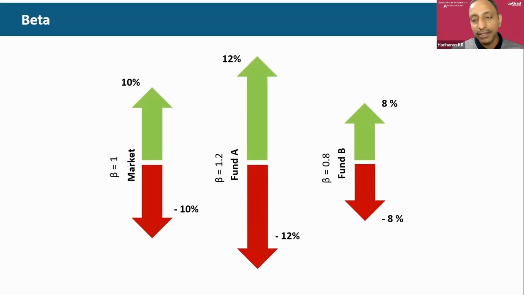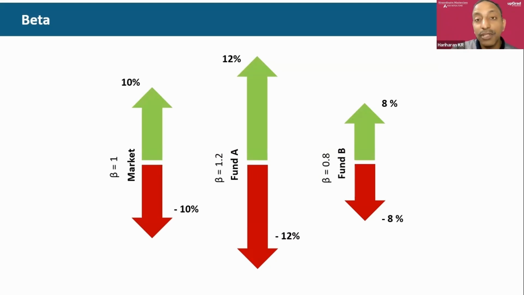Very important point. Therefore, when you select funds based on beta, you will have to select funds basis your risk appetite. So if you are an aggressive investor, you will select funds which have beta more than 1 and reasonably higher values, 1.3, 1.4, 1.6 kind of funds.